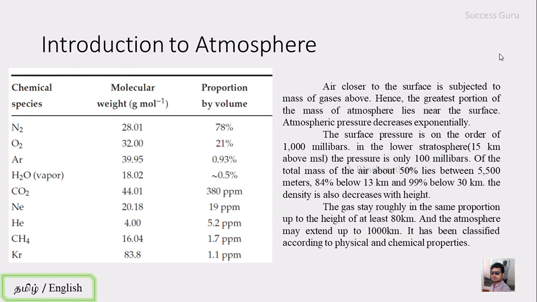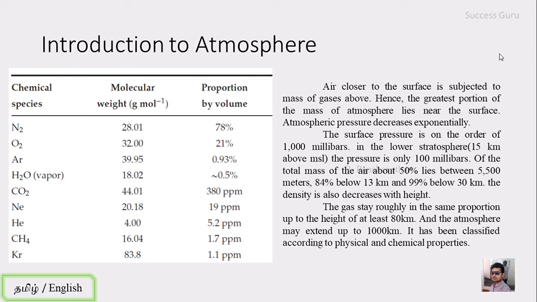The air closer to the surface is subjected to the mass of gas lying above, and hence the greatest portion of the mass of the atmosphere lies near the surface. Atmospheric pressure decreases exponentially as you move from the surface to the top; the drop in atmospheric pressure is exponential, that is, in a power law, right?